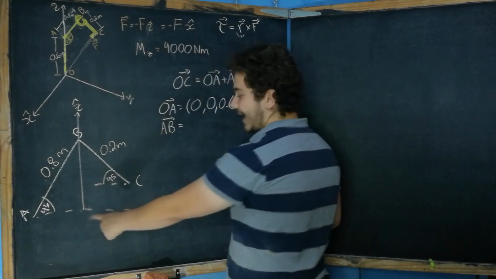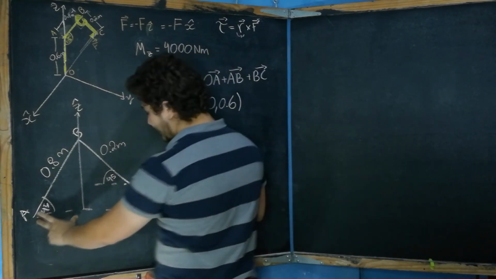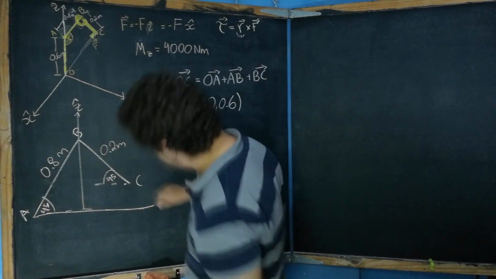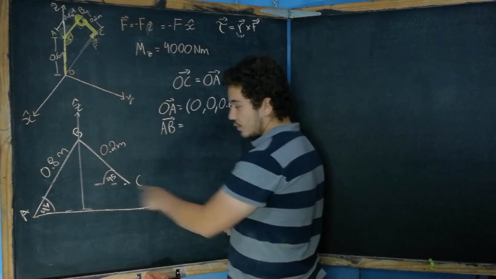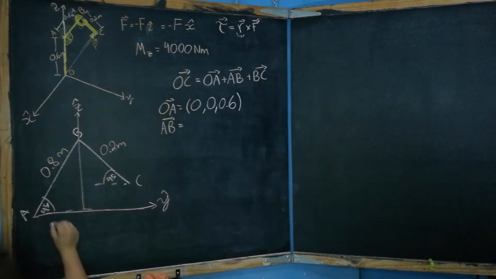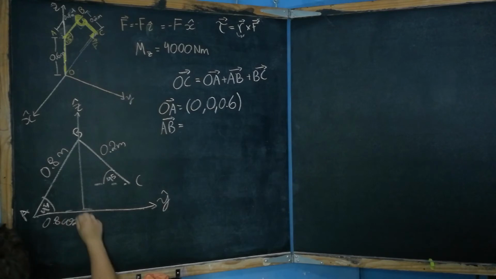So now AB will be from here to here. We decompose it in these components, and this direction is the positive direction of y. This component would be 0.8 times cosine of 45, so 0.8 divided by the square root of 2.